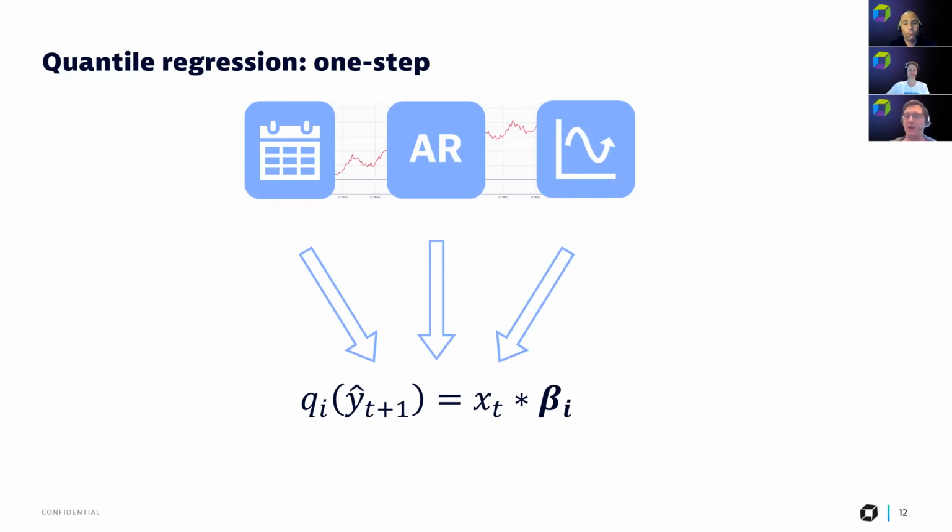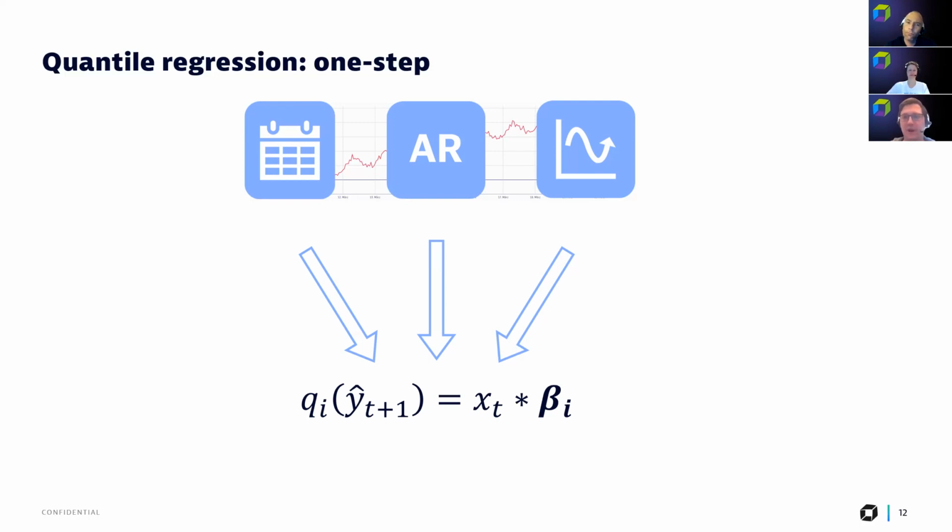And what we can now do is we can train a regression model that has as a target not the mean or the median of our target value, but a certain quantile of it. So as we can see, we can have multiple models for different quantiles.